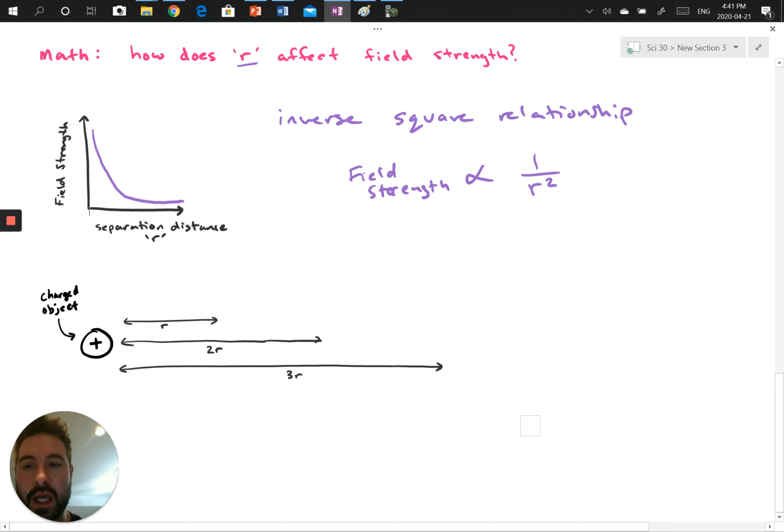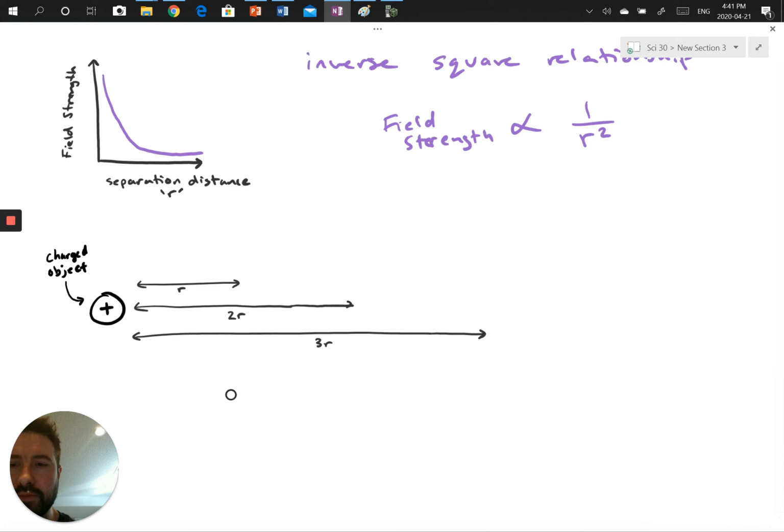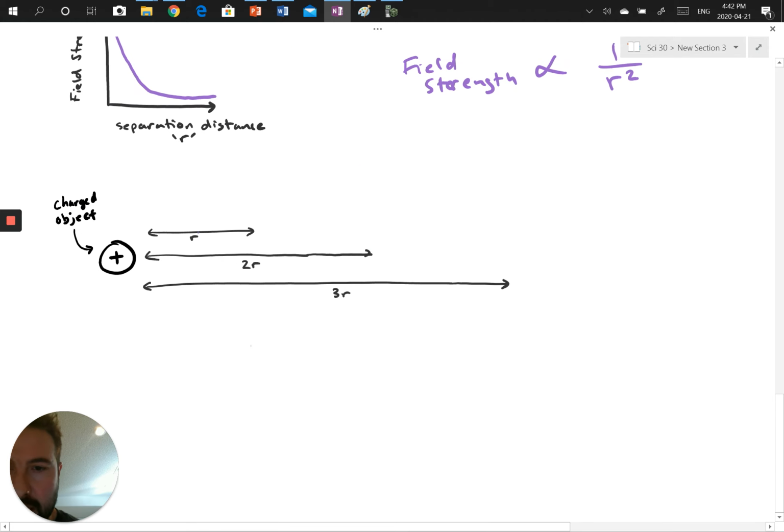Now to look at it in another way, let's say we have a charged object, and at a distance of 1r, or one unit of distance, we're just making it up, there's a field strength of 10 newtons per coulomb.